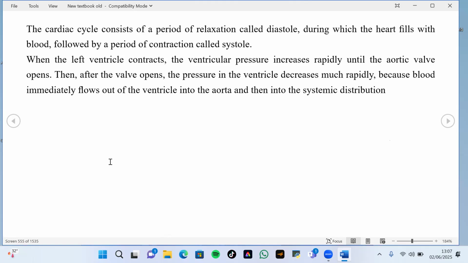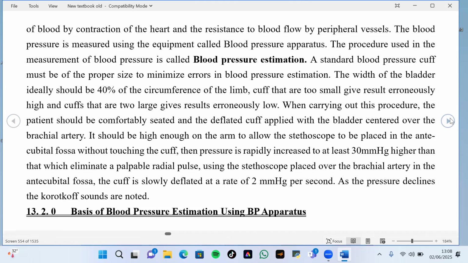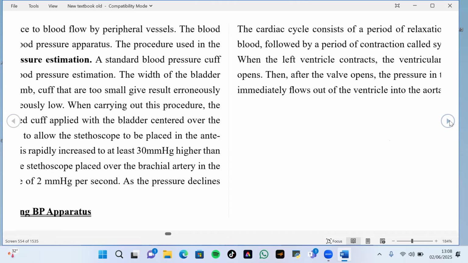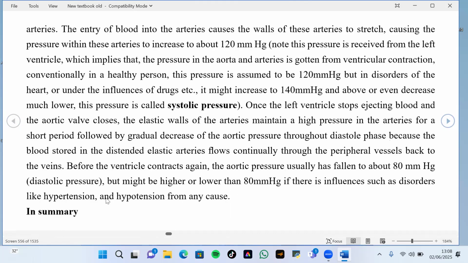Then, after the valve opens, the pressure in the ventricle decreases much more rapidly because blood is immediately flowing out of the ventricle into the aorta. Then, from the aorta to the general body, to the general body in the arteries.